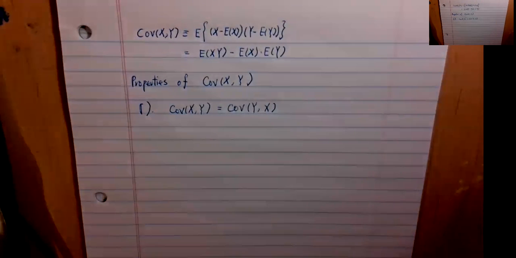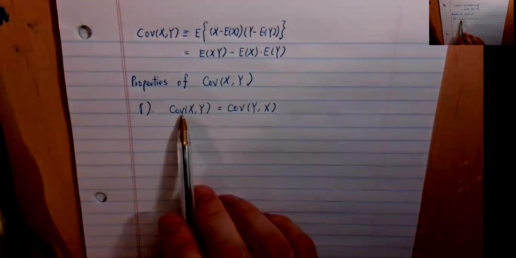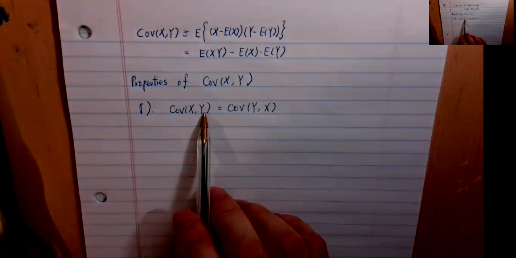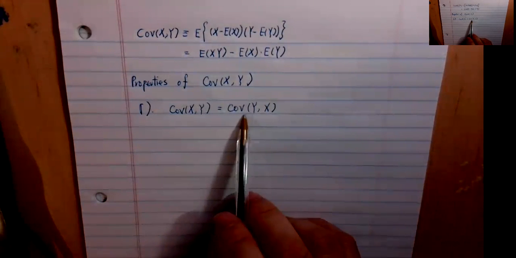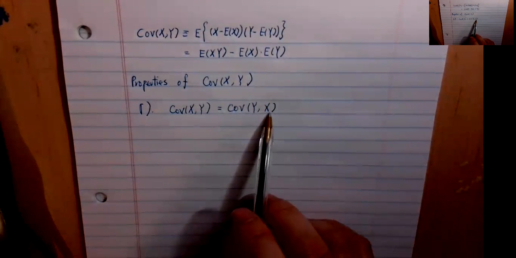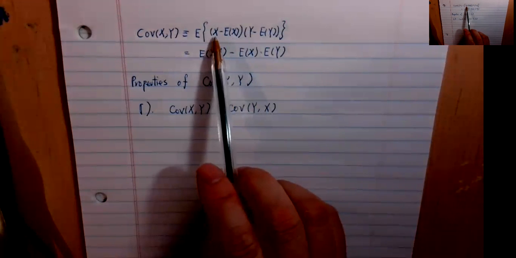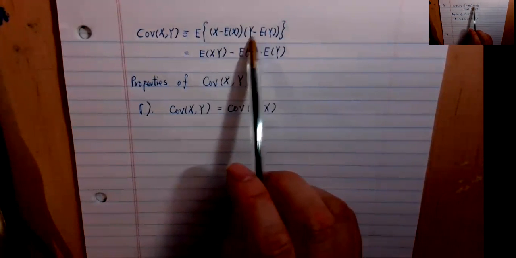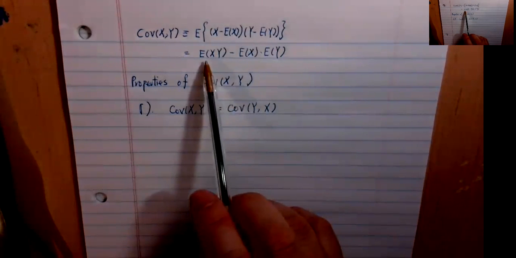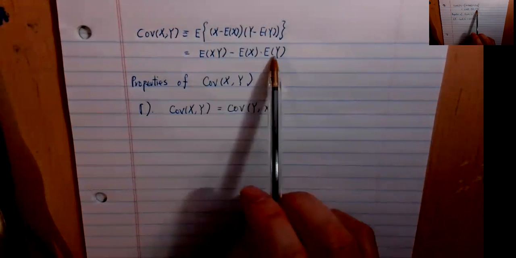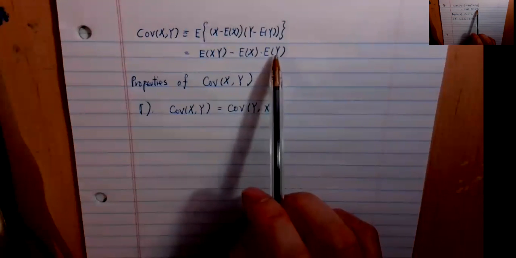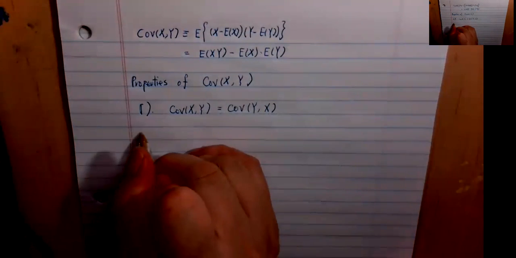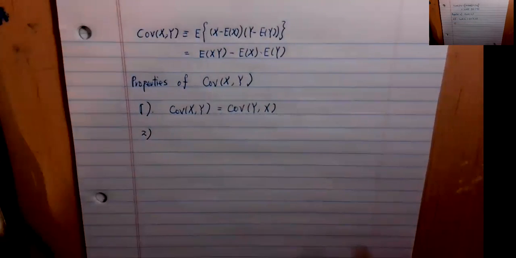Order doesn't matter. The linear association between X and Y is the same as the linear association between Y and X. Whenever you see X, you replace it by Y. Whenever you see Y, you replace it by X. You're going to get the same thing, because multiplication is commutative. Okay? Order doesn't matter.